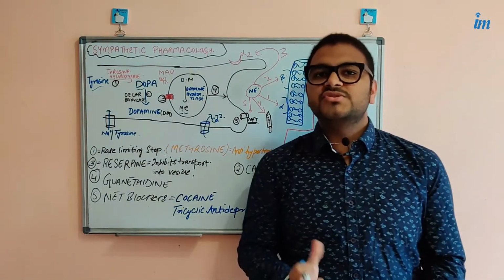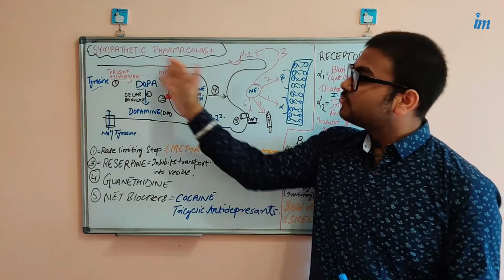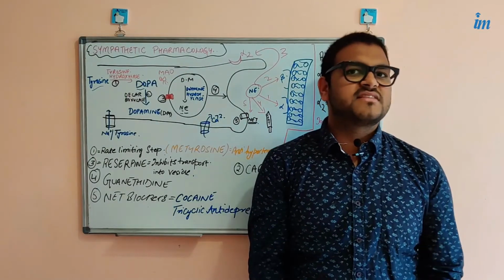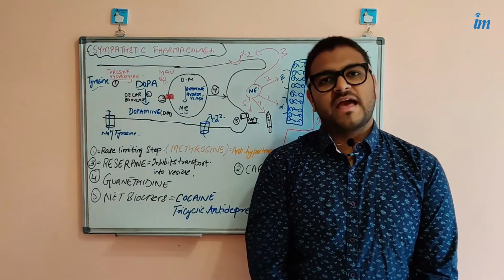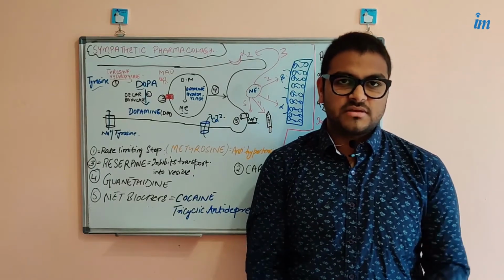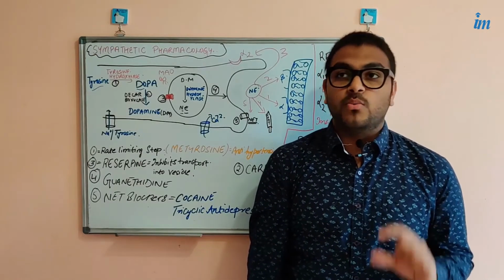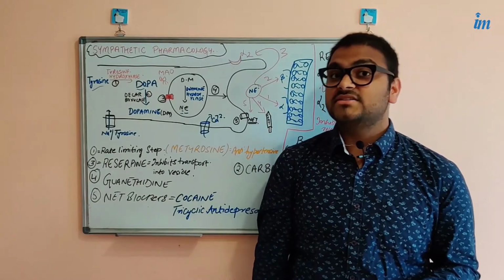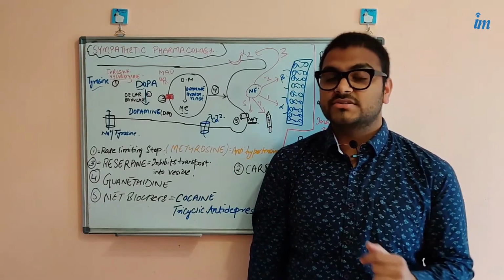The problem with this dopamine is that this neuron is a very sensitive area. This neuron has very naughty cats. You can imagine them as cats. Which are those cats? These cats are monoamine oxidase, MAO.